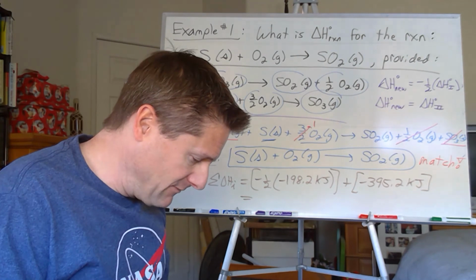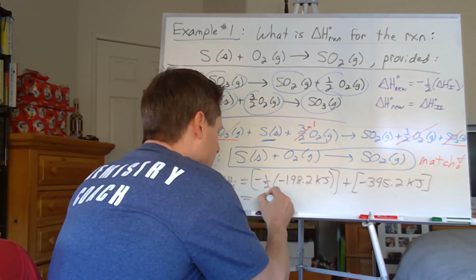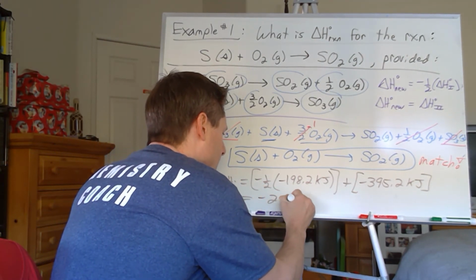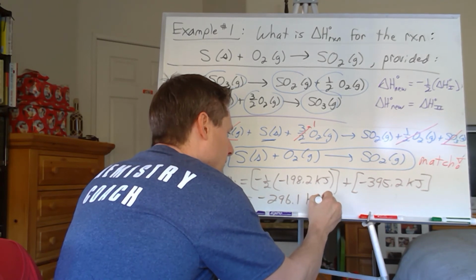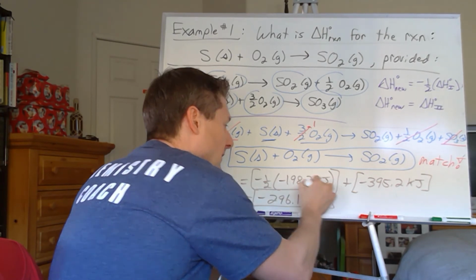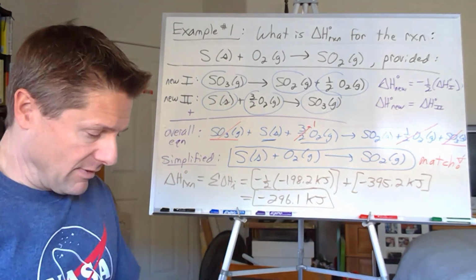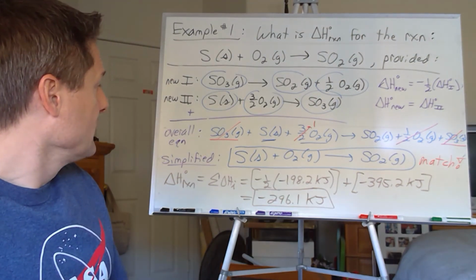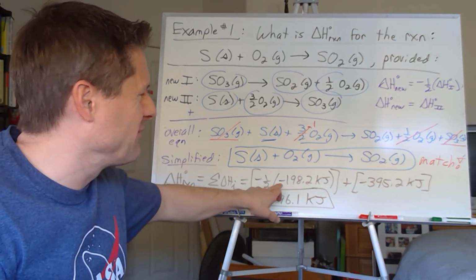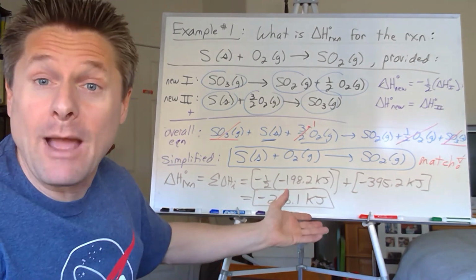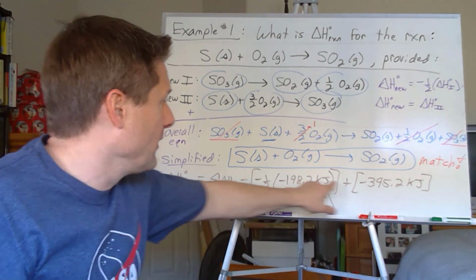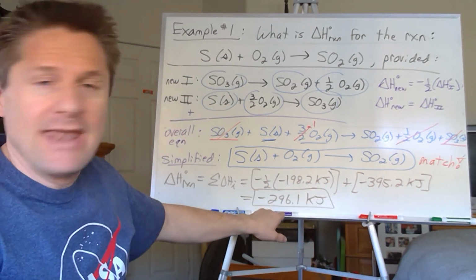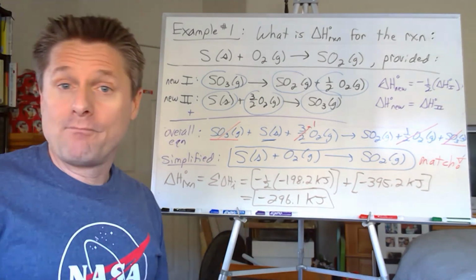So negative 296.1. And there's no non-rounded value, so there's no intermediate value. Okay, so since we reversed it, that negative times that negative makes it was exothermic, now it's endothermic. And so that just brings that down, the negative down a little bit. There you go. That's it.